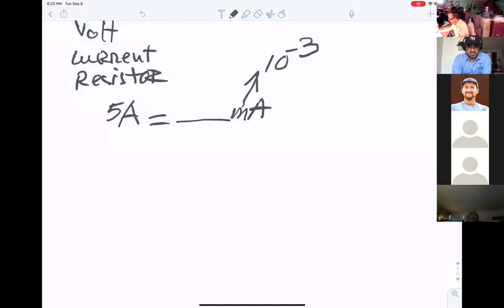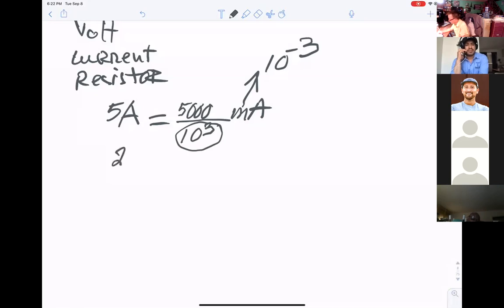So when you see milli here, minus 3, but it depends on what you compare with. You compare with the ampere. Ampere, the basic unit, will be equal to 5,000 milliamp, that means 10 to the power of 3. The thing is ampere is higher than milli by 1,000.